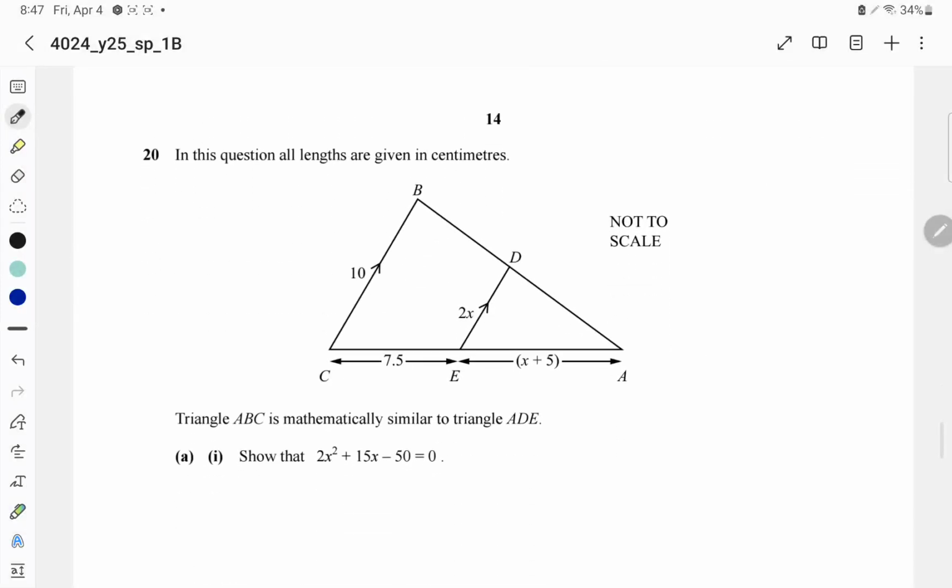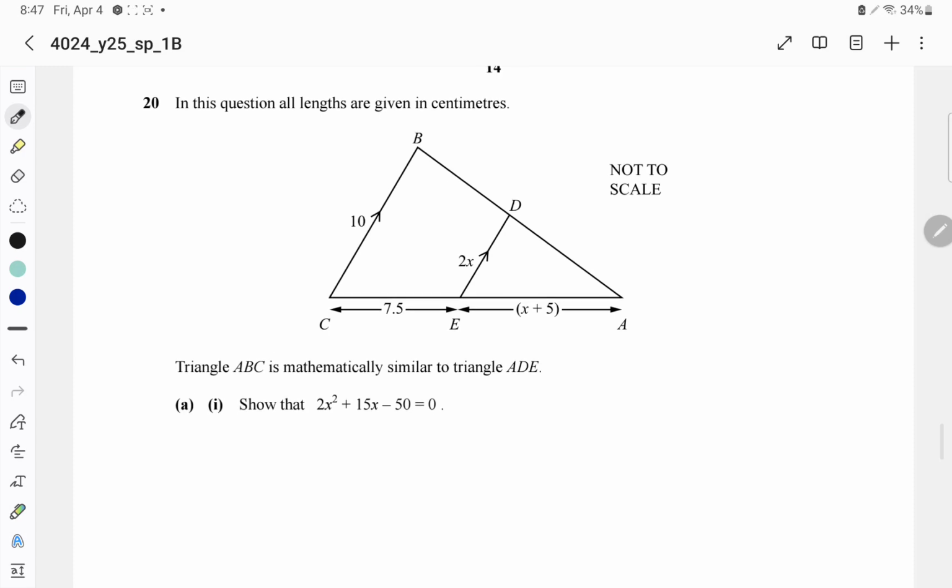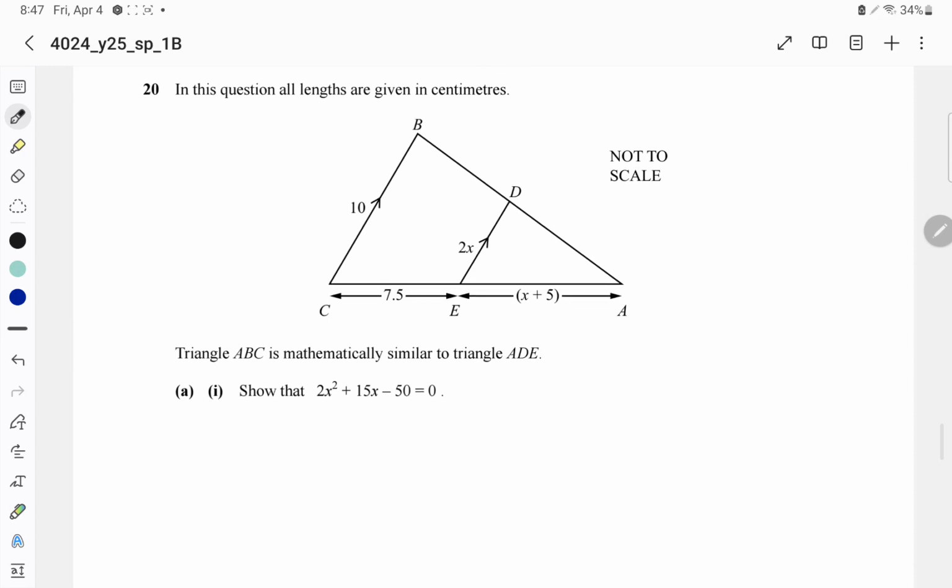In question number 20, triangle ABC is mathematically similar to triangle ADE. Show this one. Okay, so we know that if ABC is similar to ADE, then AB upon AD is equal to BC upon DE is equal to AC upon AE.